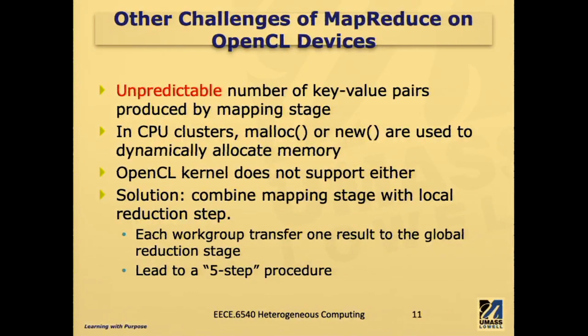So that's another reason that we combine the mapping stage with the local reduction stage. We have each work group transfer one result to the global reduction stage, and that leads to this 5-step procedure that we're going to explain next.